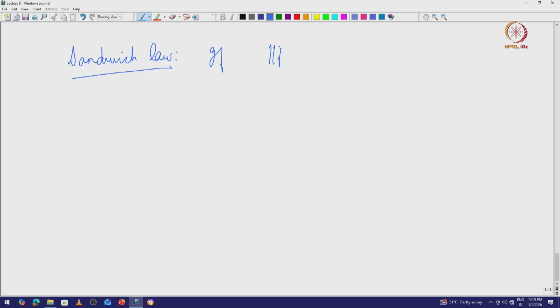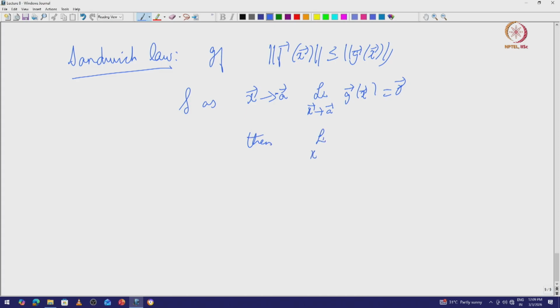If the absolute value of f of x is less than g of x, if one of them is controlled by the other, and as x goes to a the limit of g of x exists and equals 0, then the limit of f of x also exists and equals 0. So if f is sandwiched between two things, and this goes to 0, this is already larger than 0, so this will also go to 0.